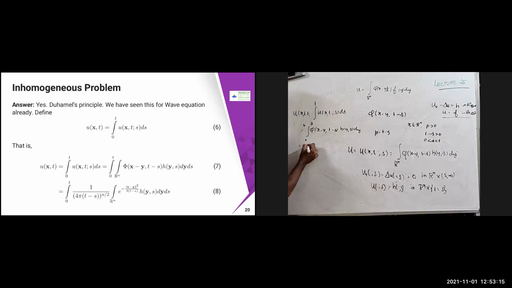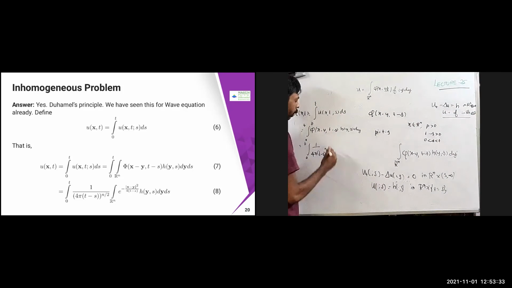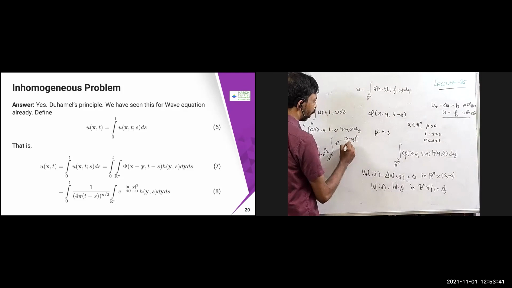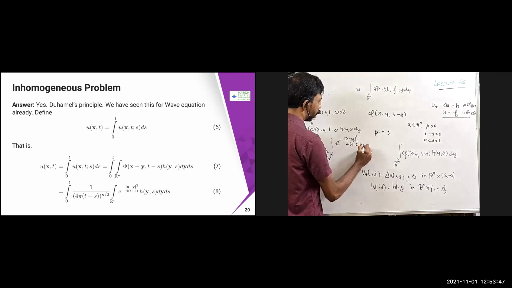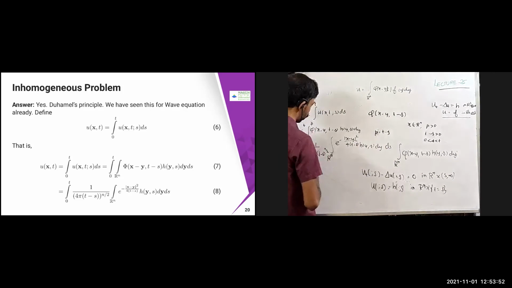Applying the definition of phi of x minus y comma t minus s, that becomes 1 by (4 pi (t minus s)) power n by 2, into the integral over R power n of e power minus |x minus y| squared by 4(t minus s), into k of y comma s, dy ds. With respect to s, I got it.